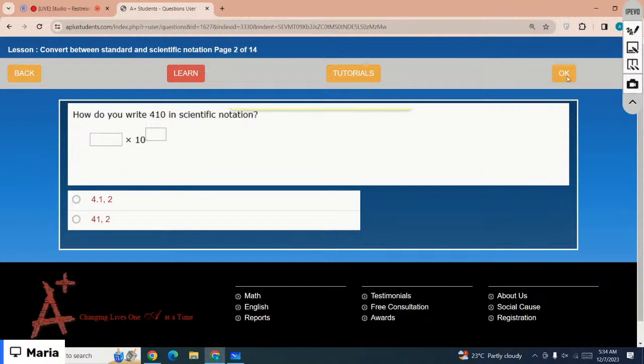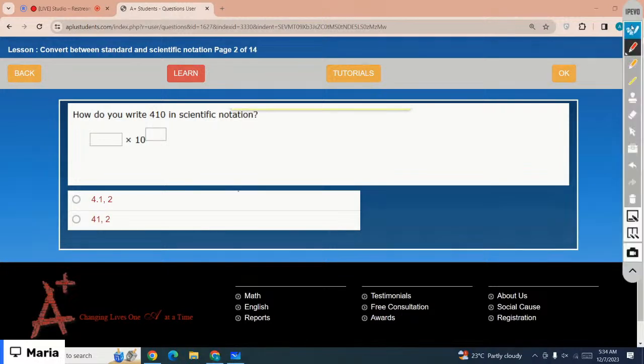Okay, the next one is 410, right? How do you write 410 in scientific notation? You need to move the decimal point from here to here, 2 places left. So that is 4.1 times 10 exponent 2.